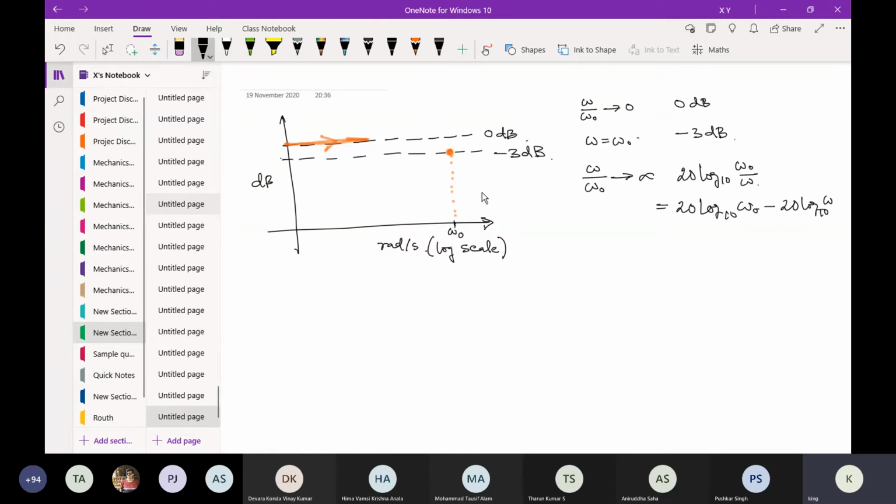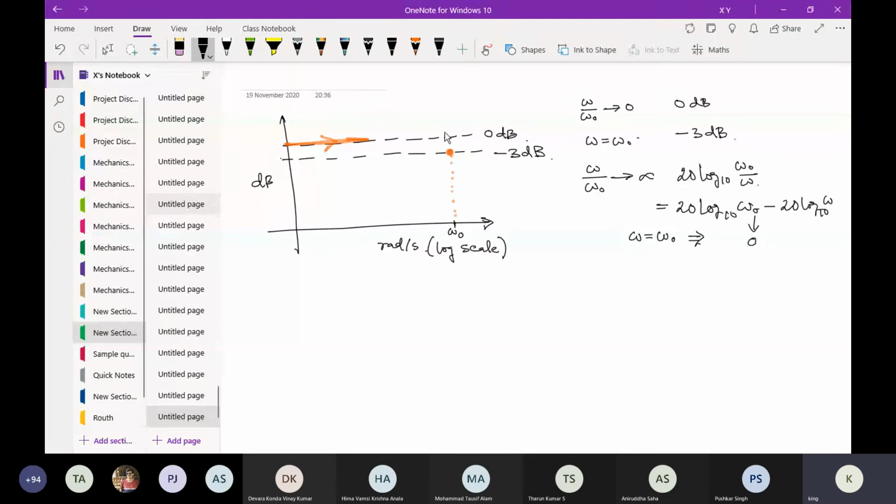if you plot this straight line, you will see that this is a line that at omega is equal to omega 0 will be passing through zero.